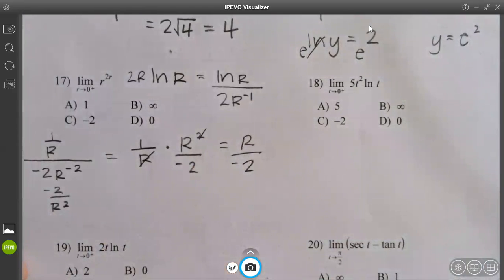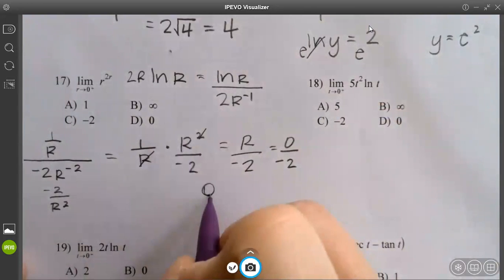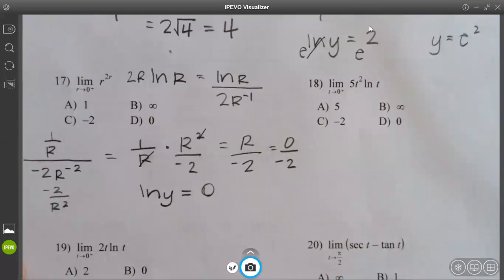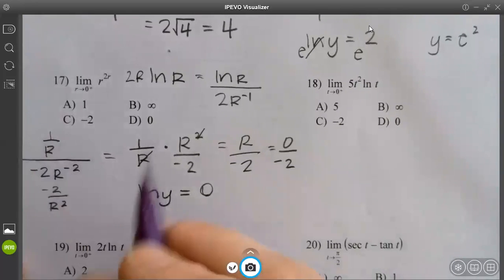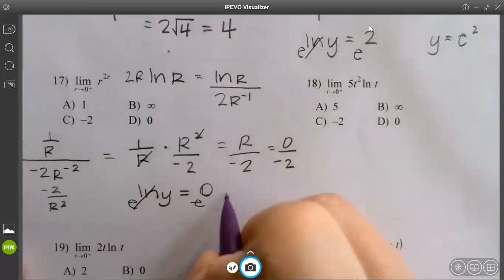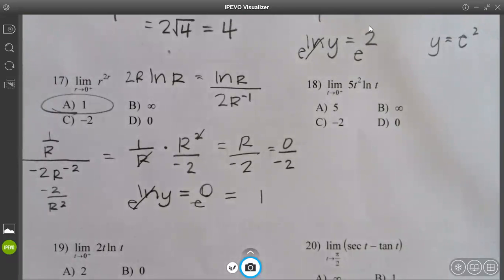What is r? So we get 0, but what do I need to remember? It's ln y equals 0. E both sides. We didn't take anything out, so we just have 1.